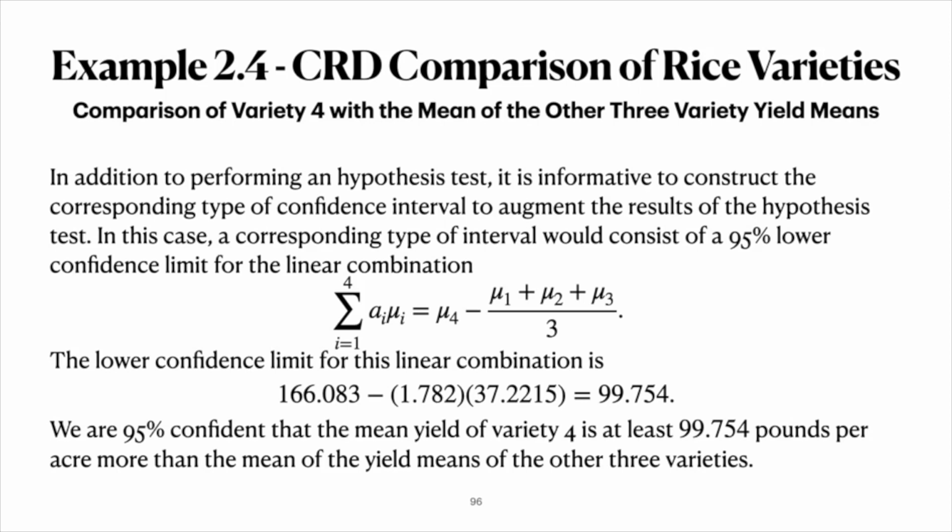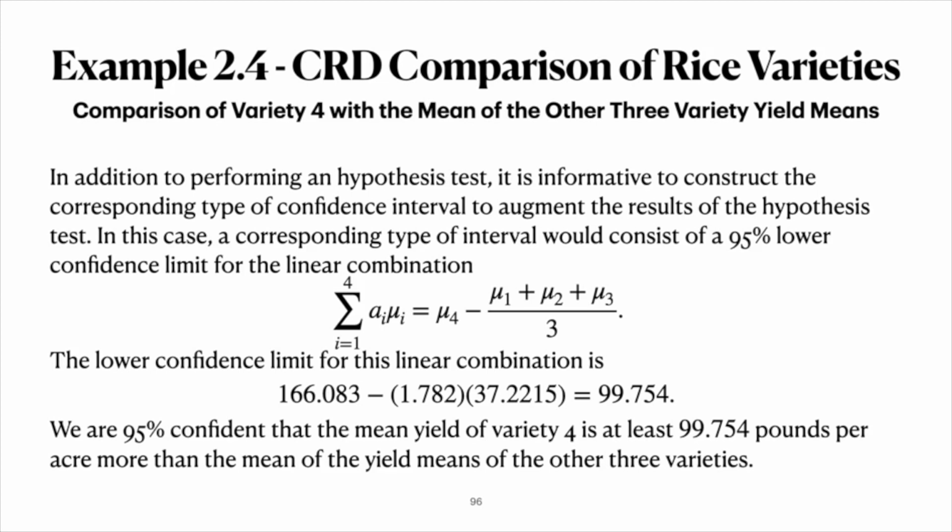All right, let me say that again. We are 95% confident that the mean yield of variety 4 is at least 99.754 pounds per acre greater than the mean of the yield means of the other 3 varieties.